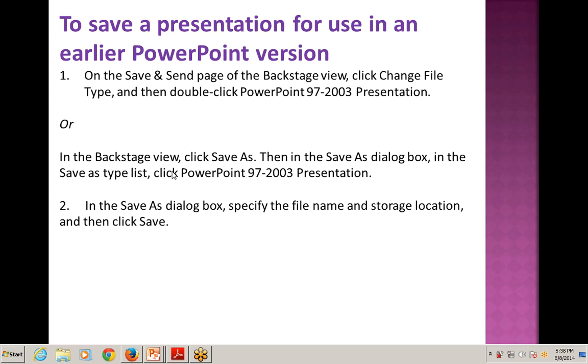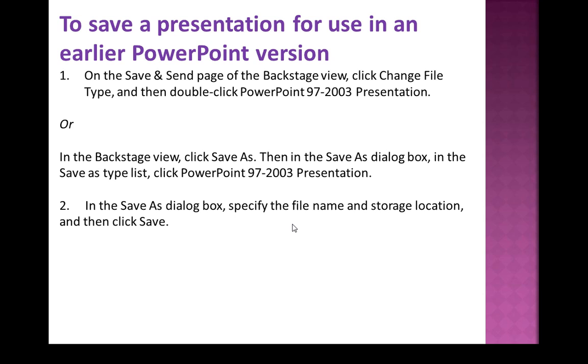Or go to the backstage view and click on Save As. In the Save as type list, click the PowerPoint 97-2003 presentation. It means either I can opt for the Save and Send page, or I can opt for the Save As option. In the Save As dialog box, specify the file name and storage location and then click on the Save button. So this is how we can change the different formats for the presentation.